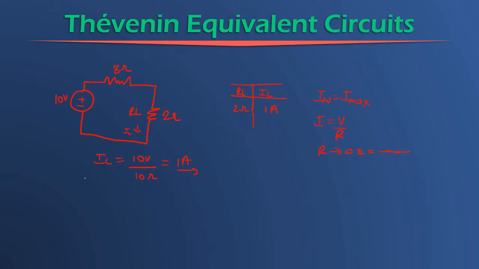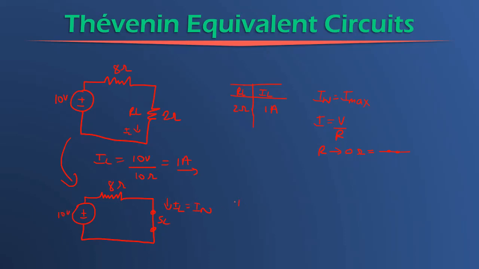So the moment I replace the load resistor in that circuit with a short circuit, the current that I calculate there will be my Norton equivalent current, which is the maximum current.